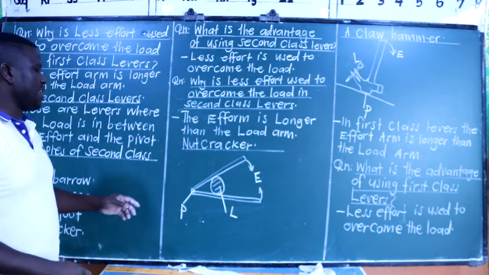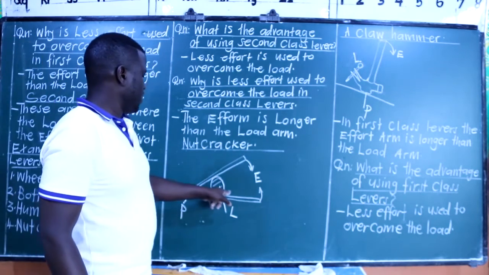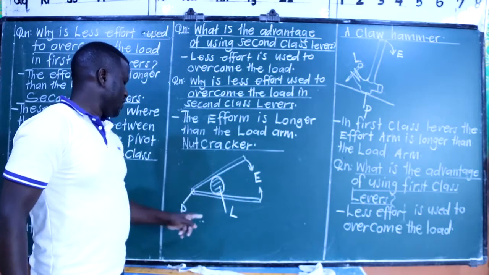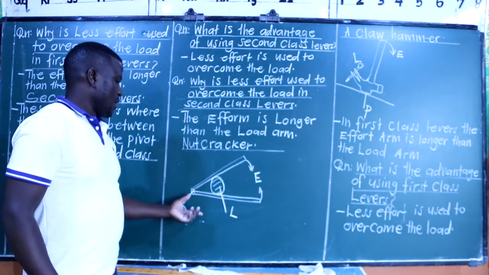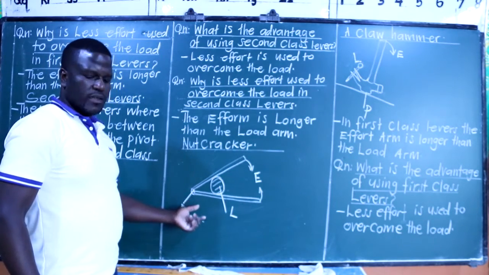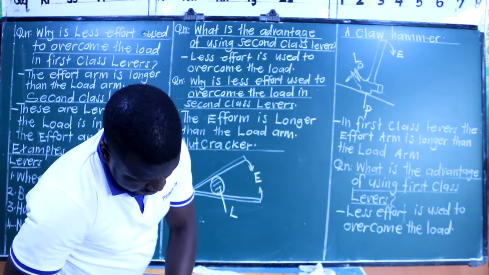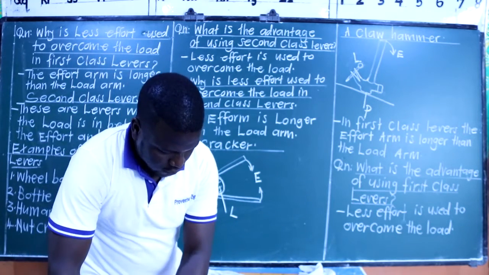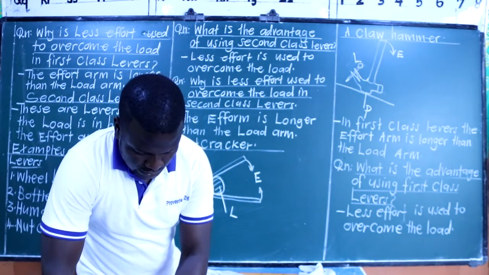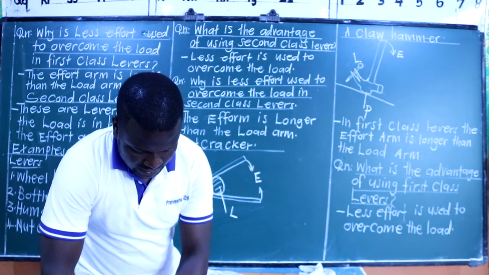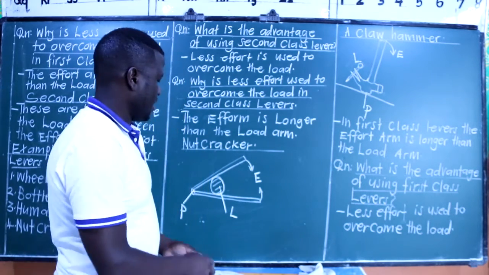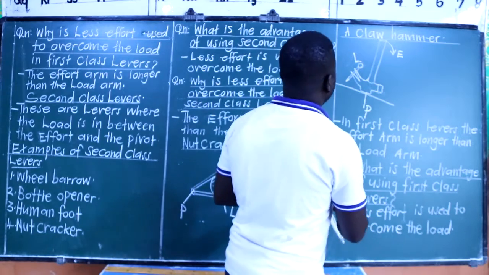So we say second class levers, the load is in between the effort and the pivot. And this one is called a nutcracker. So we look at third class levers.